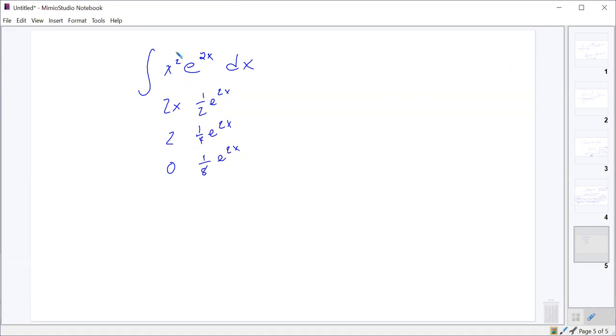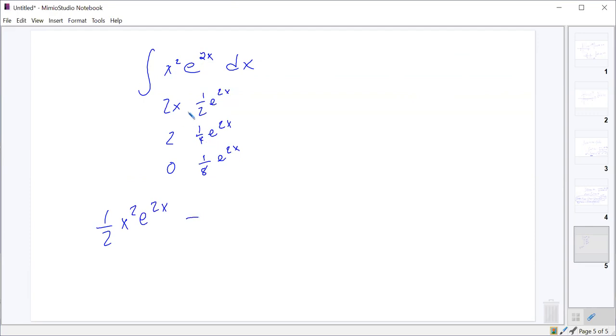And so then you just take the first term up here, what would have been your u, and you put it with what would be a v, because this is dv, so the integral of the dv would be v. So you put those 2 together, x squared and 1/2 e to the 2x to get 1/2 x squared e to the 2x. And then we take the next 2 terms and we subtract.